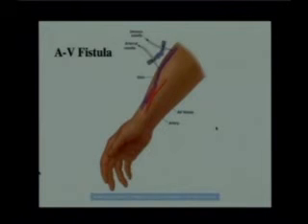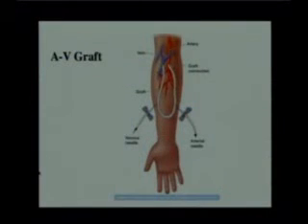This is just another type of view of an AV fistula with an artery and a nearby vein that are joined together. Another way of doing it is something called an AV graft, arterial venous graft. Again, you can get a quick access to arterial blood to go to the dialyzer, and then the venous blood goes back into the system.